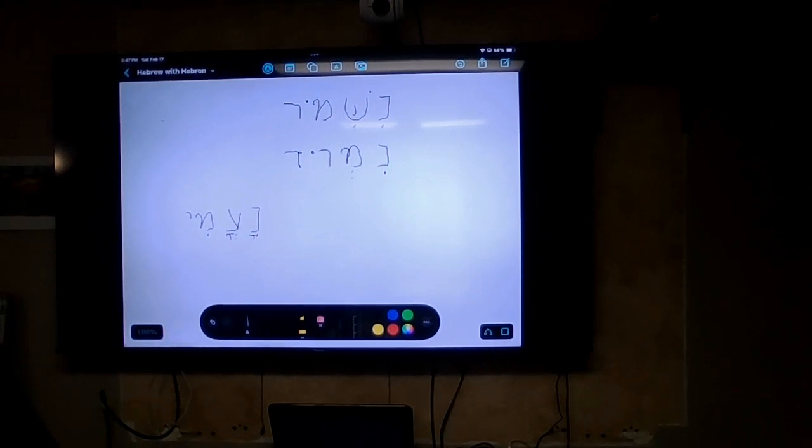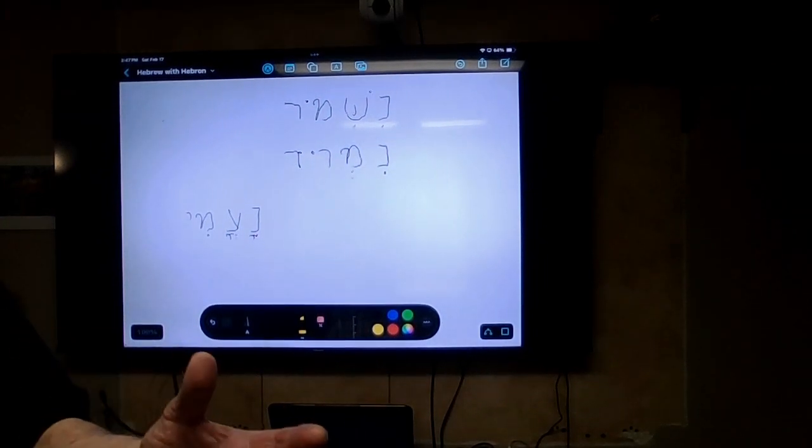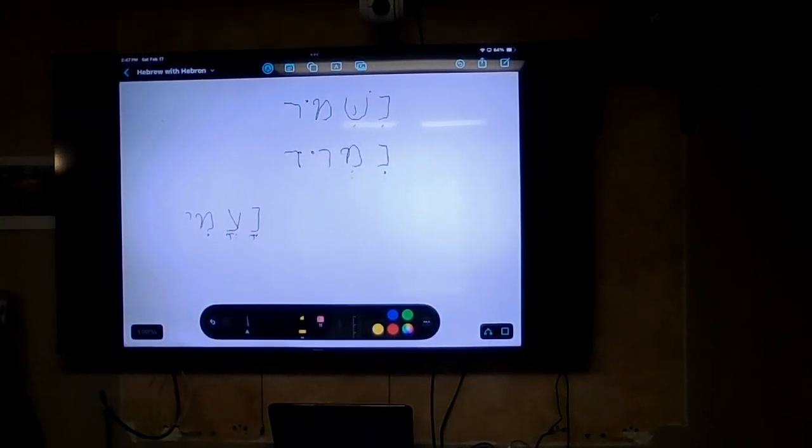I don't know. One of them is kind of a future, saying it isn't here, but let it happen. And the second one, it has happened. But they're pointed the same, right? It's another question for somebody who knows Hebrew.